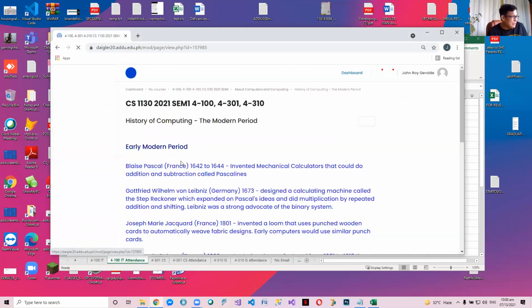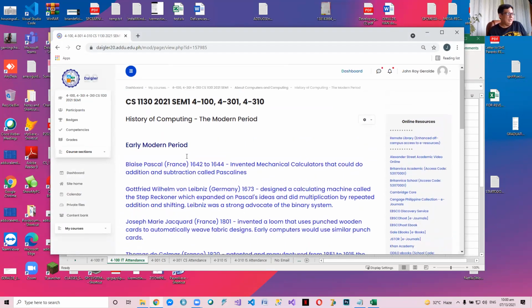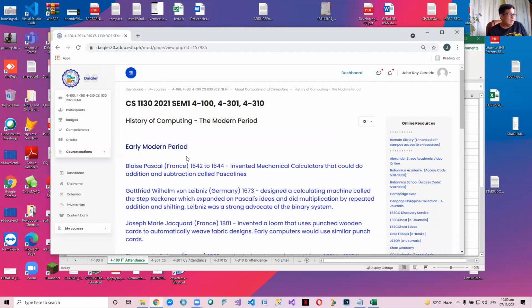But before we discuss the invention, let's discuss how it came to be. Now, the evolution of computing technology started during the early modern period. When we talk about the modern period, we talk about the modern period in world history. World history tayo dito. This started during the 1600s. Bakit 1600s?